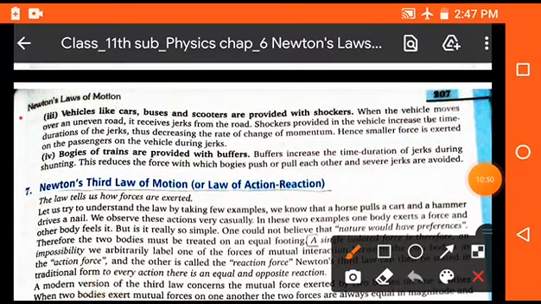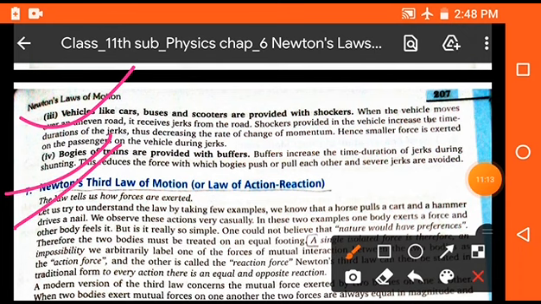Vehicles like cars, buses and scooters are provided with shockers. This is because when a vehicle moves on an uneven road, it receives jerks from the road, and shockers help absorb the shock, so the car is not damaged and can easily move on the road.